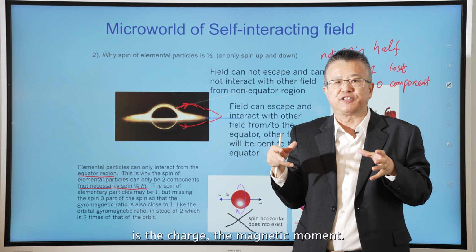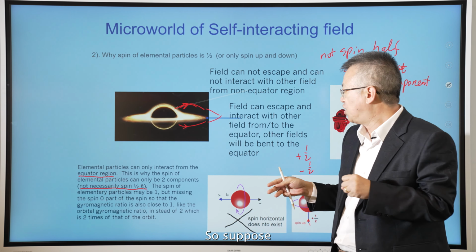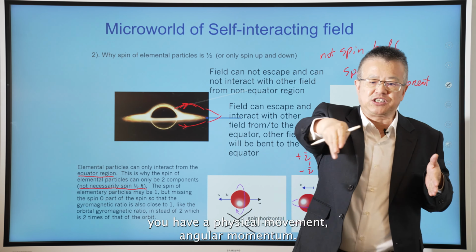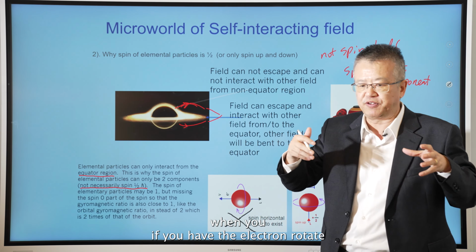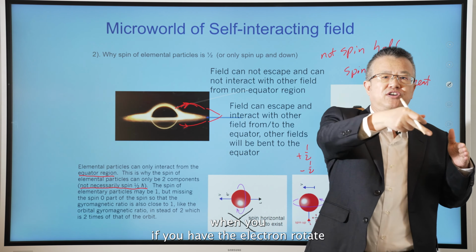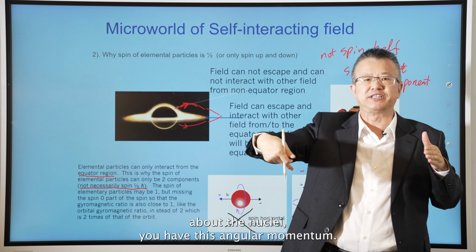The magnetic field comes from the charge, the magnetic moment. So suppose you have a physical movement, angular momentum. If the electron rotates about the nuclei, you have the angular momentum.